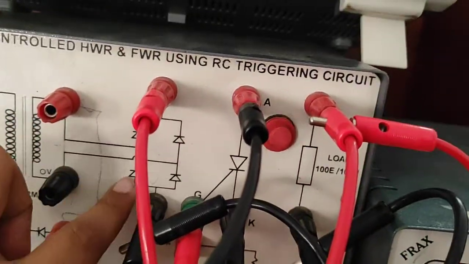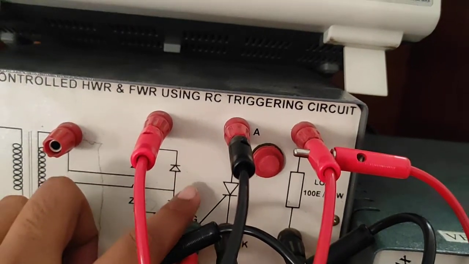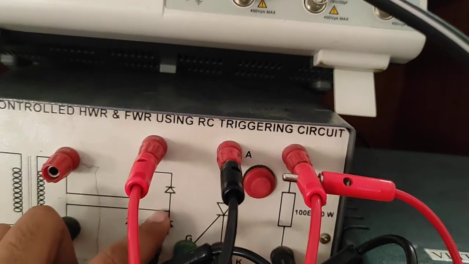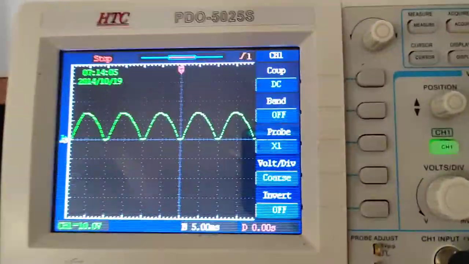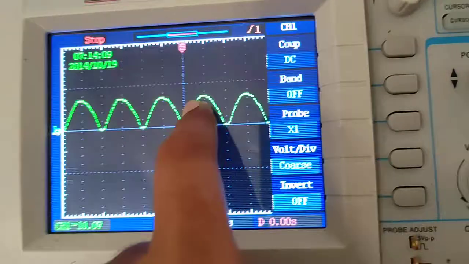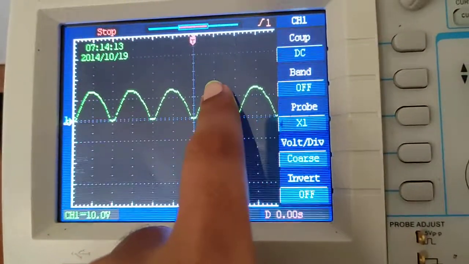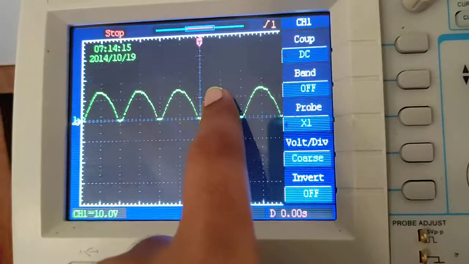In the bridge rectifier also we will have some voltage drop, in the thyristor also we will have some voltage drop. So, these voltage drops will be subtracted from the input supply. The input supply peak value is 17 volts. Now, it is showing around 15 volts, that is because of the voltage drops.